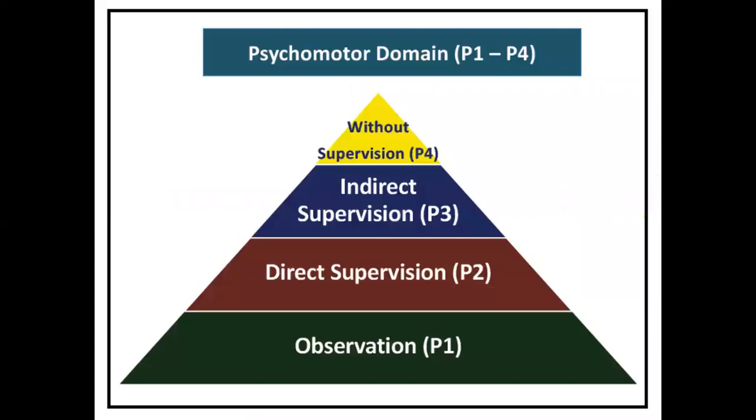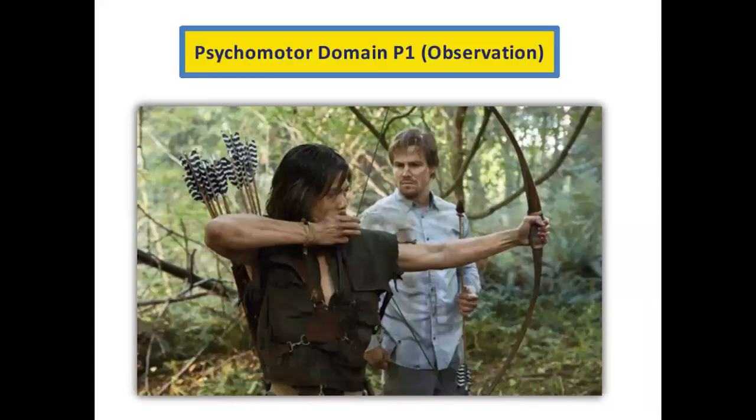Then we discussed that there are four levels of the psychomotor domain: the observation, direct supervision, and without supervision, practicing independently.